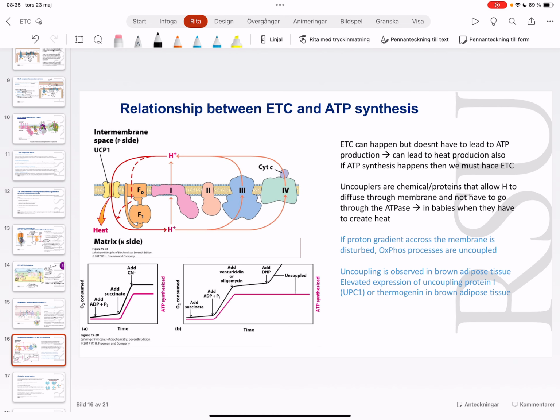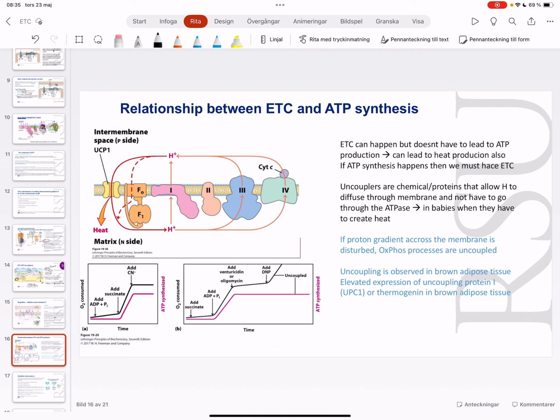Okay, so the relationship between the electron transport chain and ATP synthesis. The electron transport chain can happen regardless of whether ATP synthesis takes place or not. But ATP synthesis cannot occur if the electron transport chain is not happening. The thing about this is we can have something called uncouplers.